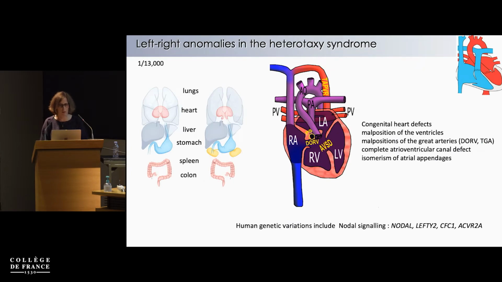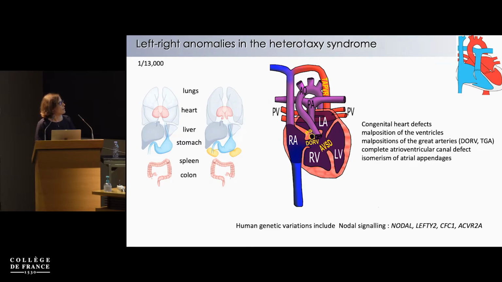The first example is the heterotaxy syndrome, which is associated with left-right anomalies. So in the heterotaxy syndrome, you have left-right anomalies of the visceral organs in terms of positions or shape or asymmetry.